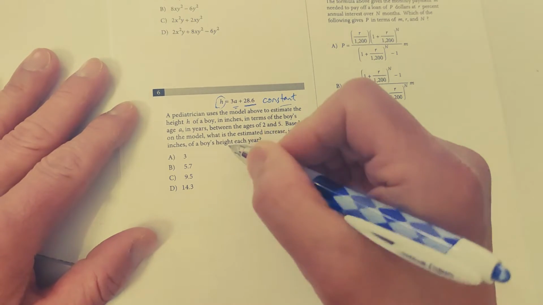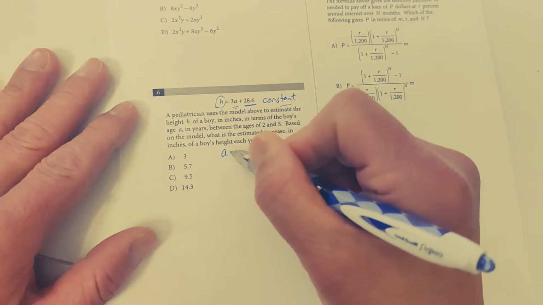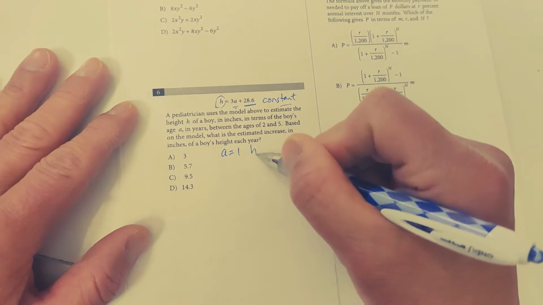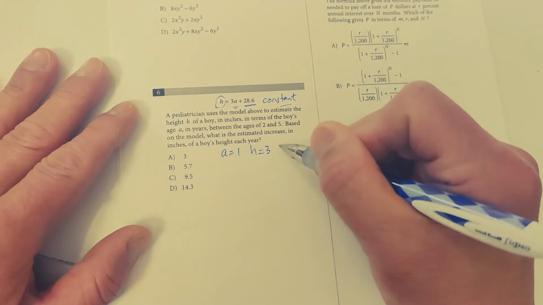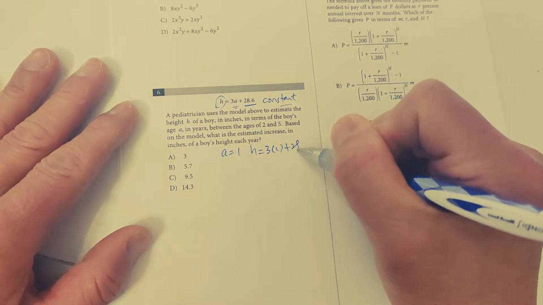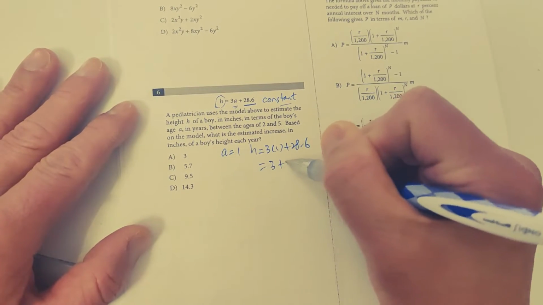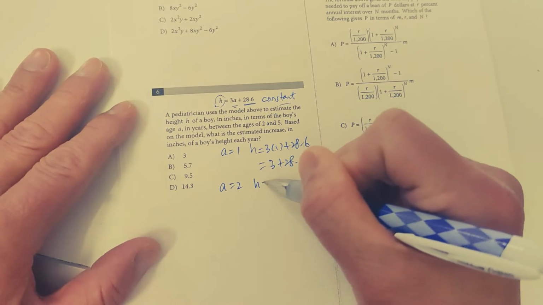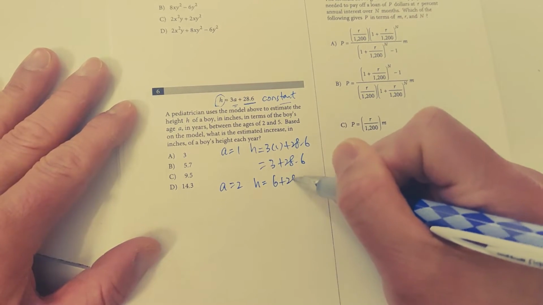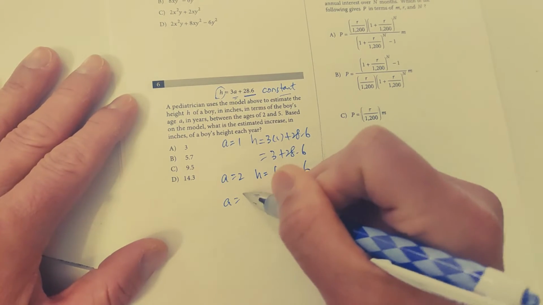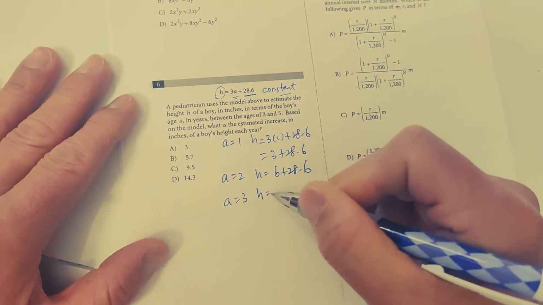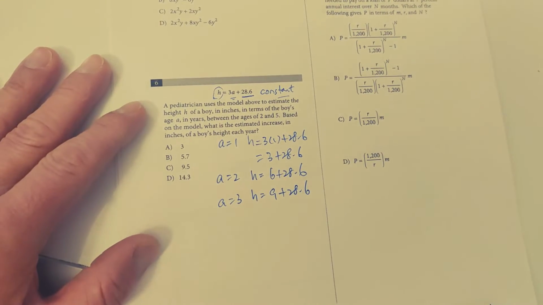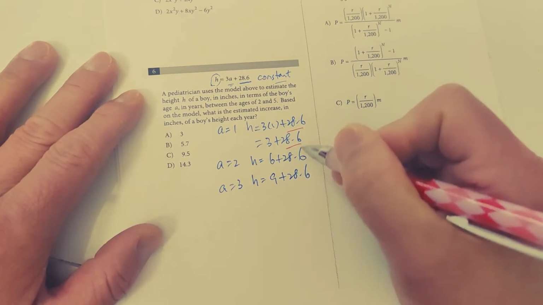All right, so let's start from A is 1, we're talking about the first year. When A is 1, the height will be 3 times 1 plus 28.6, so 3 plus 28.6. When A is 2, H is 6 plus 28.6. When A is 3, you're going to have 9, because 3 times 3 is 9, 9 plus 28.6. So what you can see is that these are all fixed numbers.